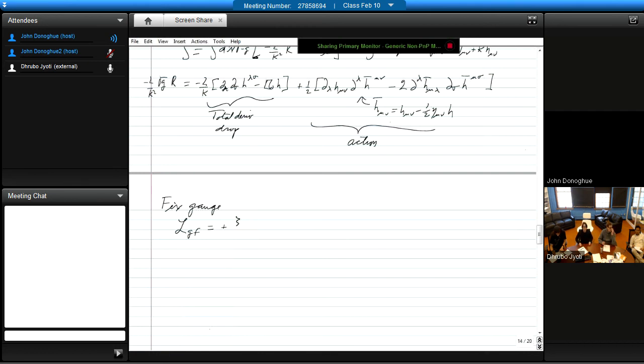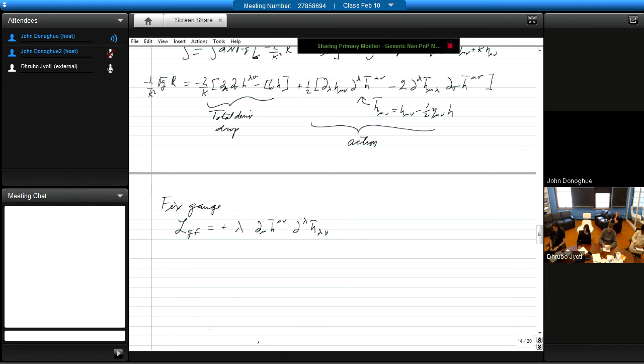But right now, what I'm going to add is a piece with a coefficient there. Actually, let's make that coefficient lambda. d mu h bar mu nu d lambda h bar lambda nu.